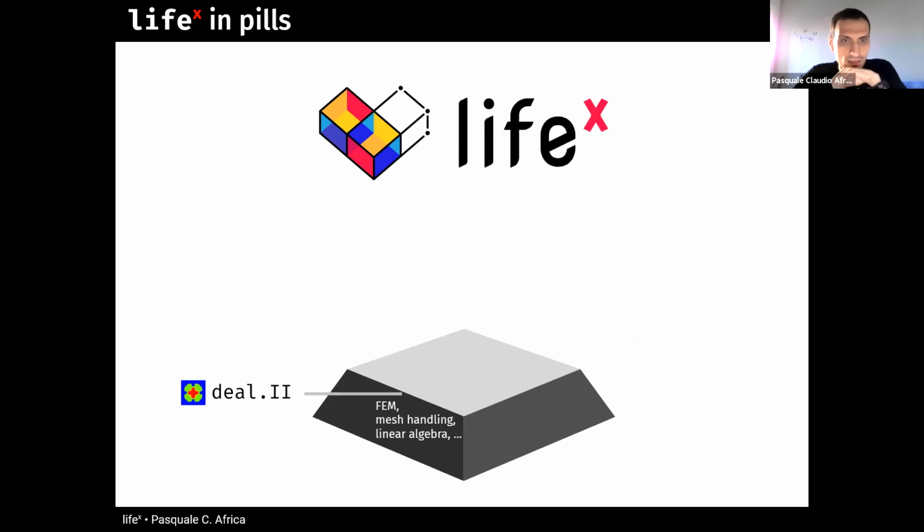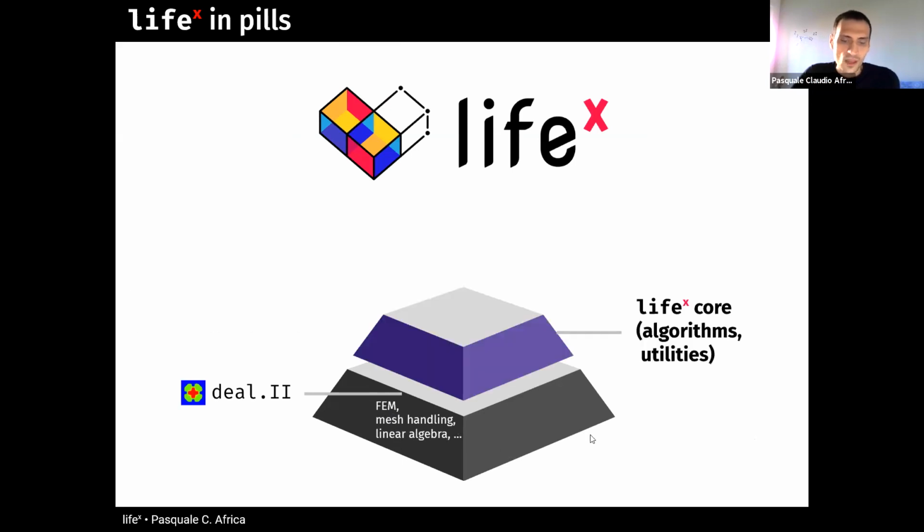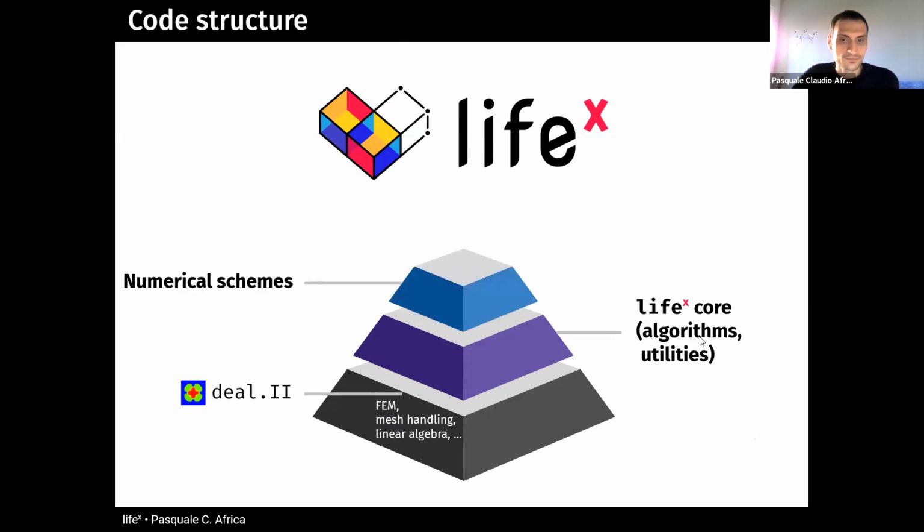So the general structure of LifeX is as follows. The base of our code is DL2, which provides us the finite element discretizations, mesh handling, and linear algebra, as I was saying before. On top of this library, but in an independent core, we have implemented our algorithms and utilities, and I will show some of them later.